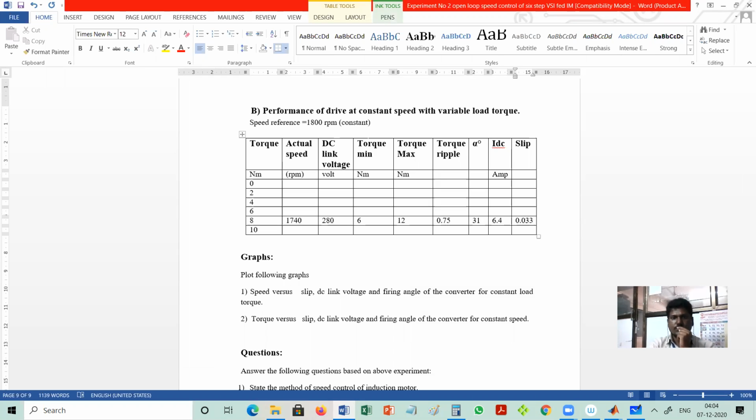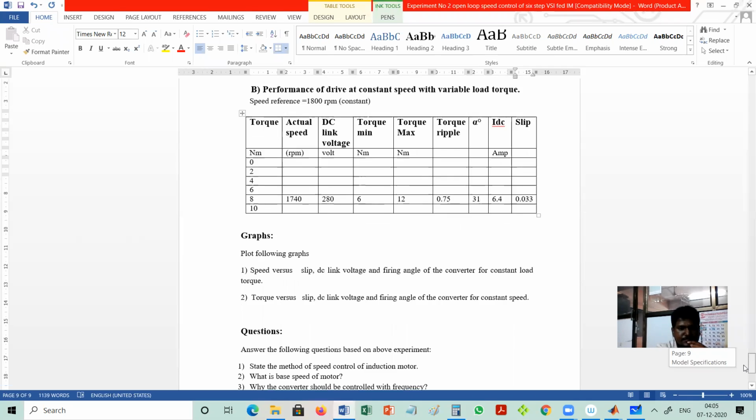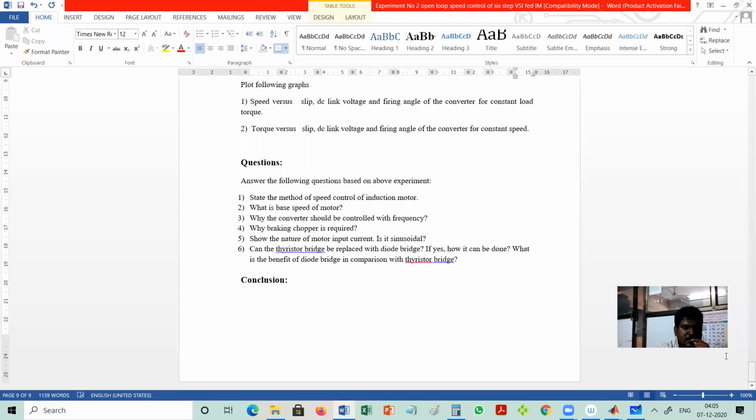So this is how we have to take the readings, and we have to plot the graph of speed versus slip, DC link voltage and firing angle for both the tables, and you have to answer these questions.